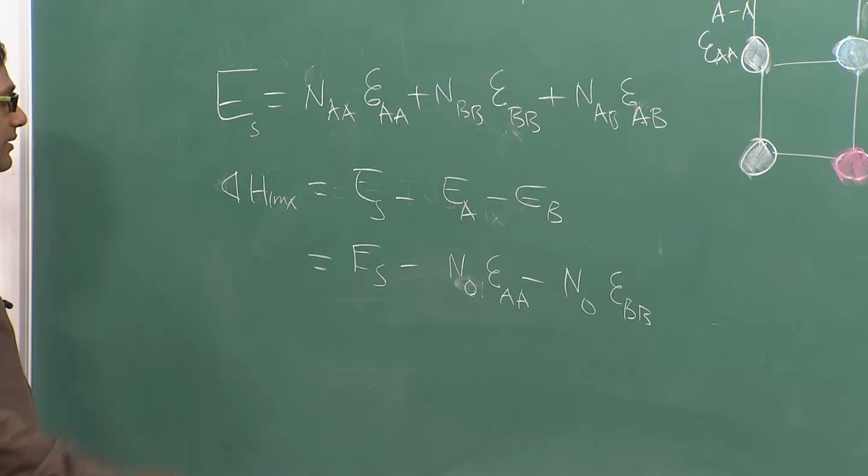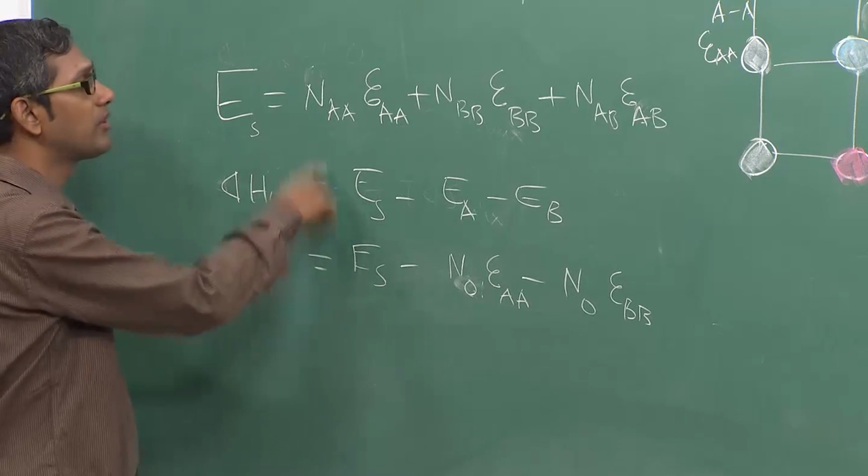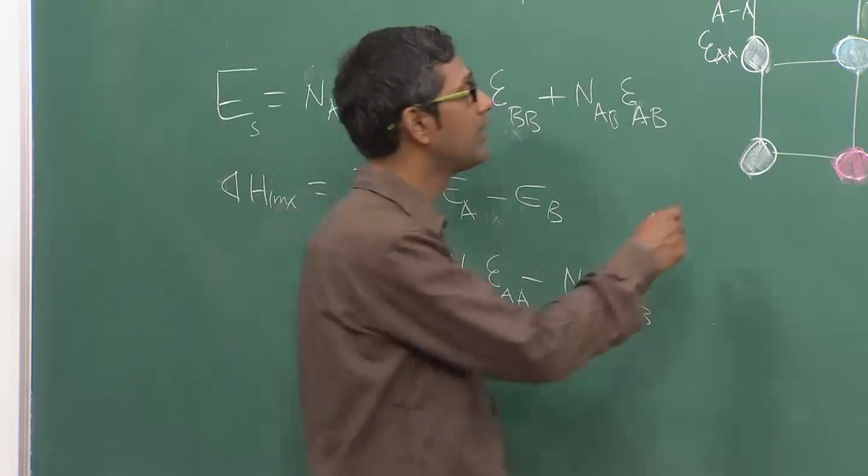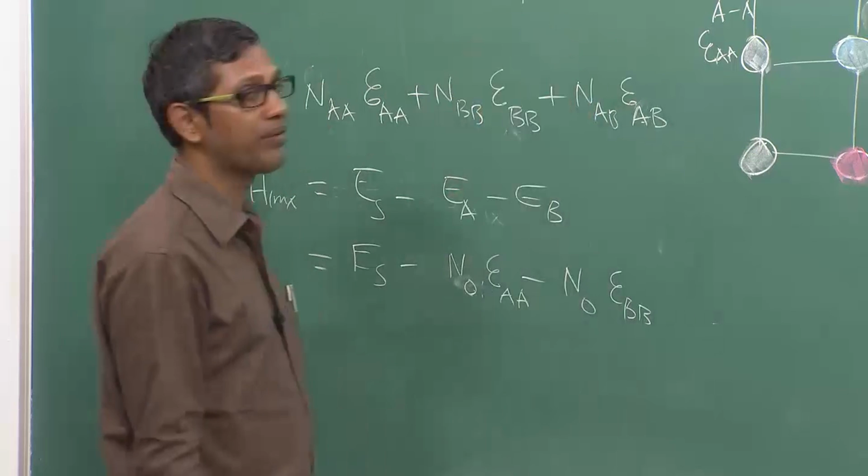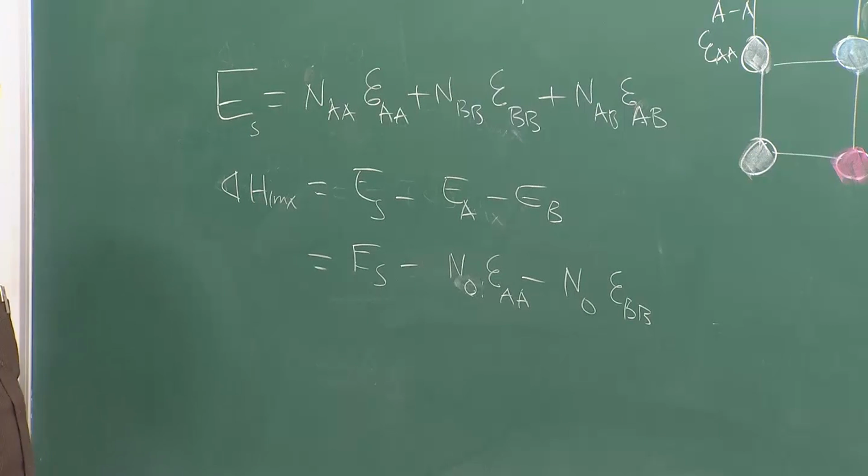This can be easily done by simply assuming that the number of bonds is proportional to the mole fractions of A or B or AB type of bonds.